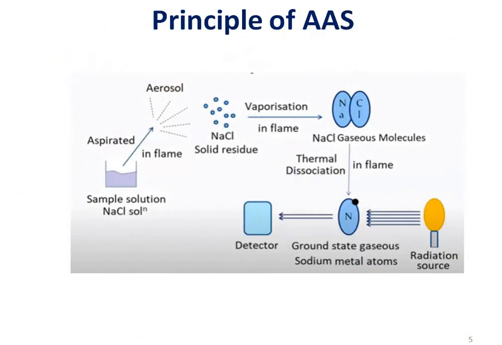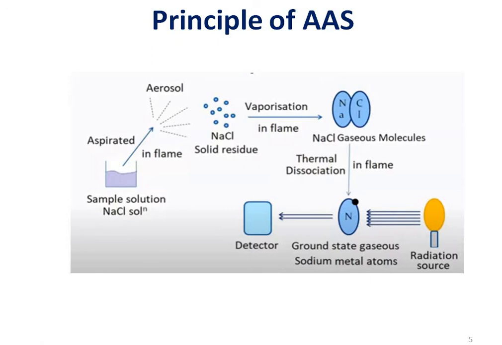Now coming to the principle of atomic absorption spectroscopy. The liquid sample solution is aspirated into the flame, similar to flame photometry, and it will produce droplets of the sample solution.